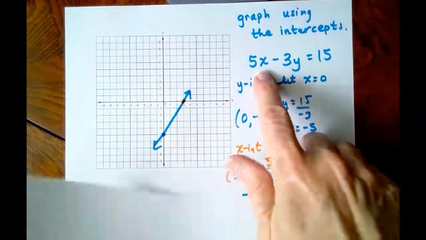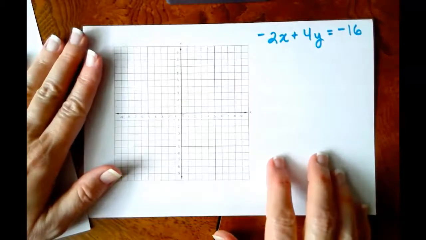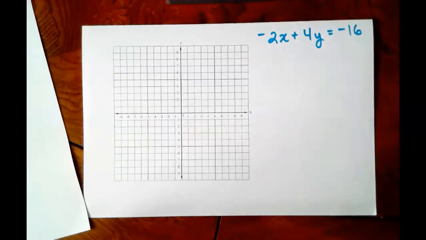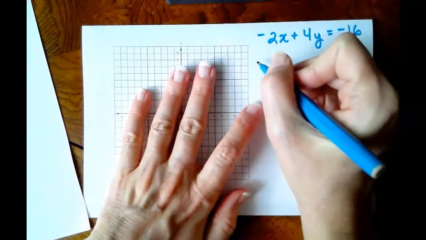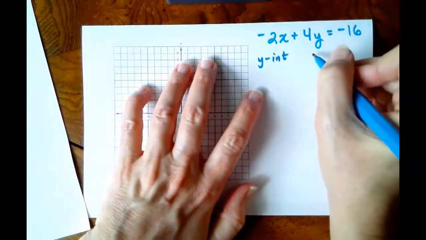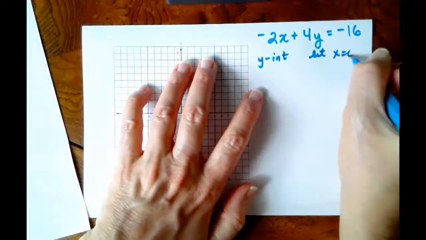Let's do it one more time, on the bottom of this page. We've got negative 2x plus 4y equals negative 16. Let's do the cover-up method. To find the y-intercept, let x equal 0.